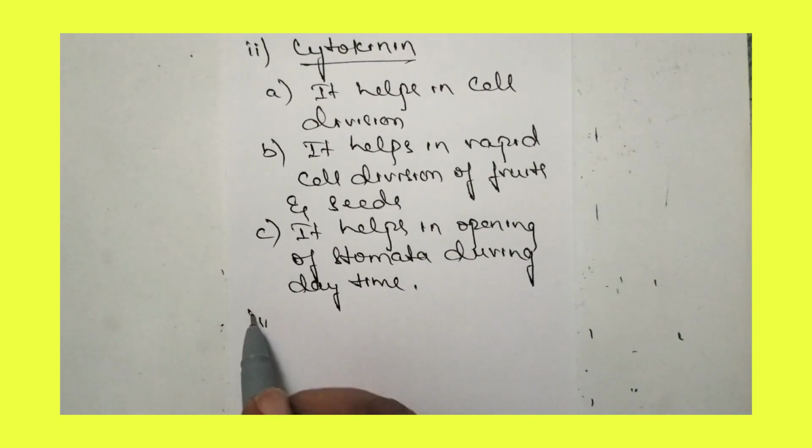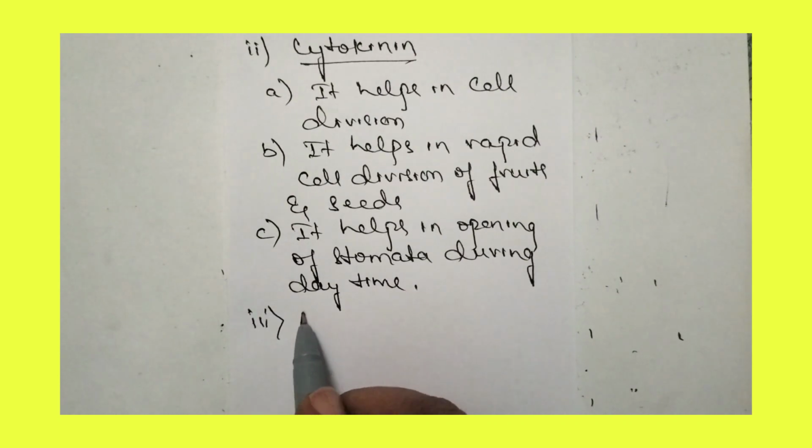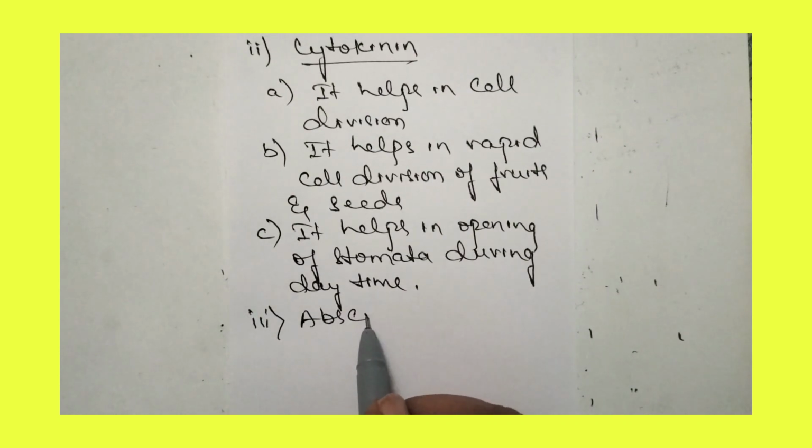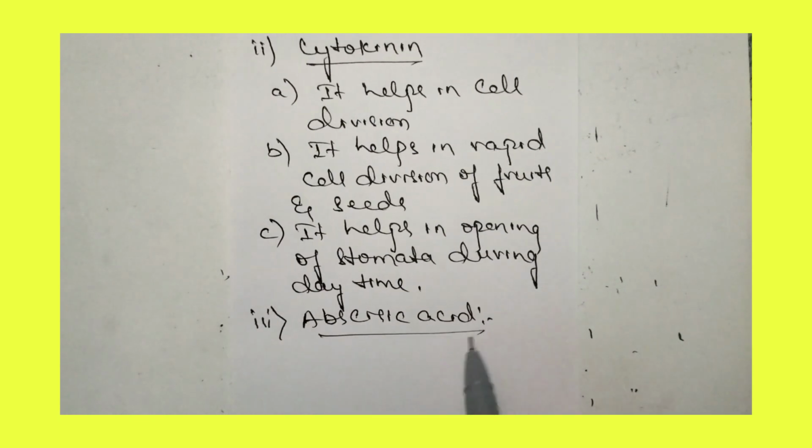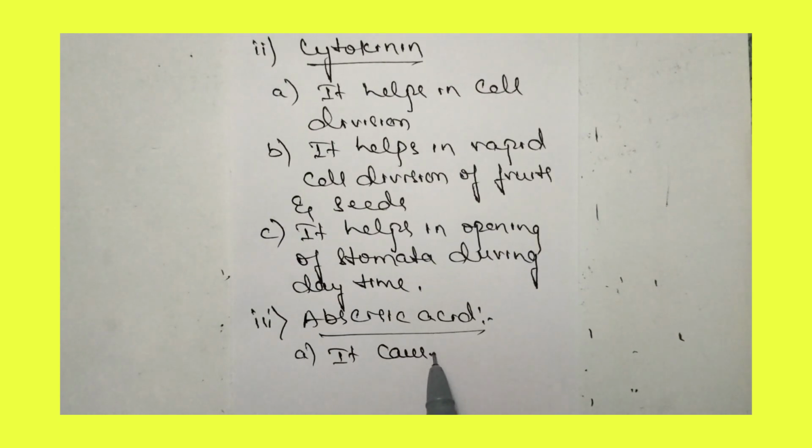Now let us answer the function of abscisic acid. First function, it causes wilting of leaves.